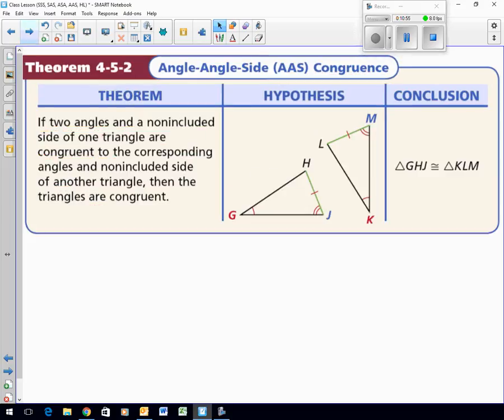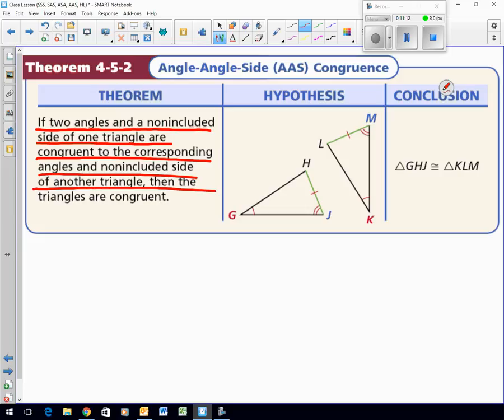But then we go into this, and we say angle angle side. If two angles and a non-included side of one triangle are congruent to the corresponding angles and non-included side of another triangle, then the triangles are congruent. So, check it out here.